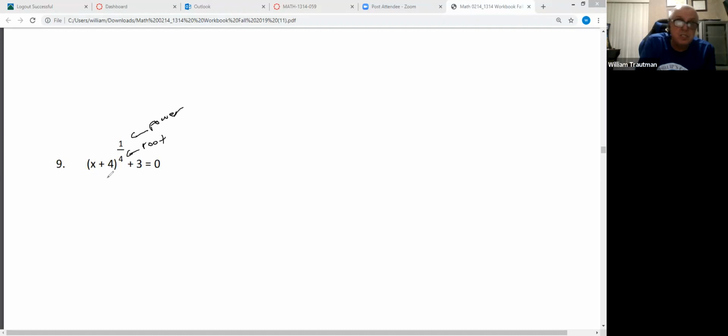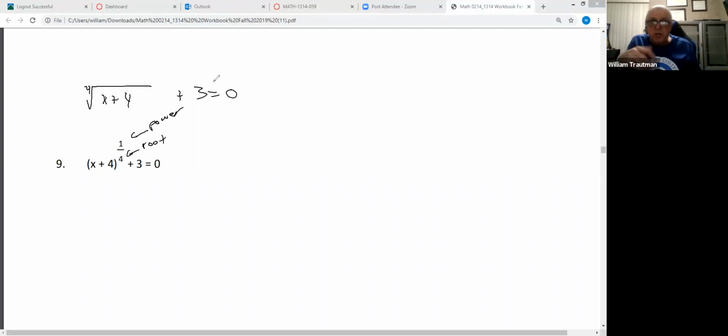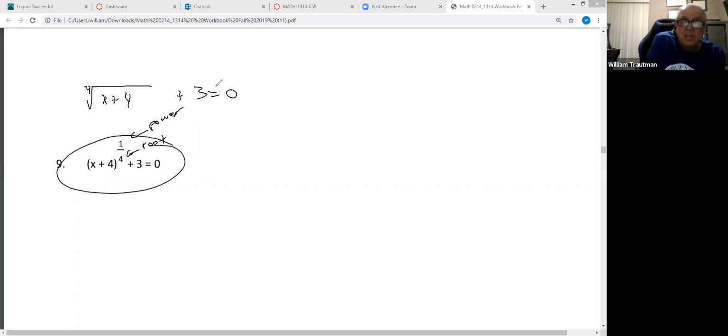So another way of writing this is the fourth root of x plus 4 plus 3 equals 0. They're the same thing. I just want you to remember, we talked about this last week. These two are the same thing, but I'm going to stick with this one down here, okay?